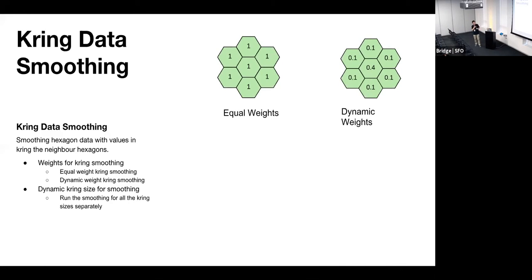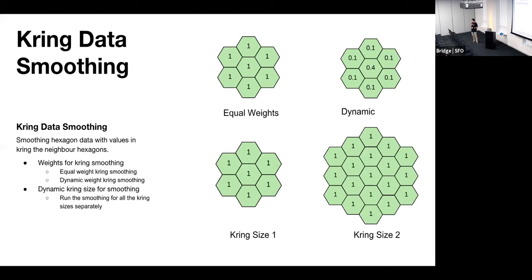In this filter, we just use equal weights. If we use this filter to do this Hexagon convolution, it basically means we are just doing an average, just a sum. But beyond that, we can also do dynamic filter weights, right? Look at the example. By using this filter, essentially we are doing a weighted version of the sum when we do the keyring smoothing.